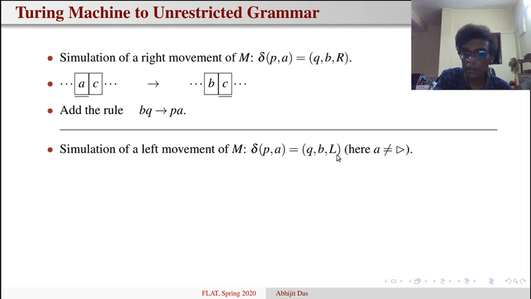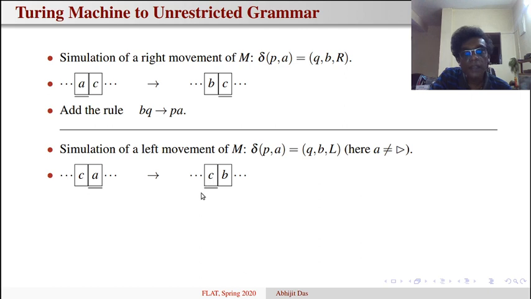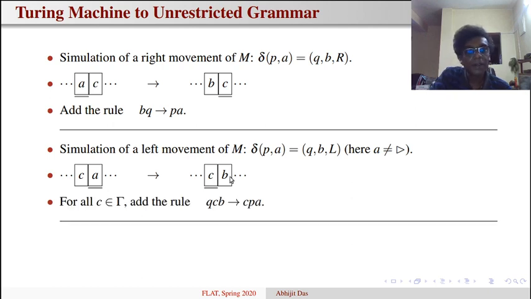Now let us look at the situation. Now I have something C, the head is pointing to A, this is replaced by B, and the head is now pointing to C. So earlier the configuration was something C, P, A. Right? Now it becomes Q, C, B. Okay. And the C can be arbitrary.